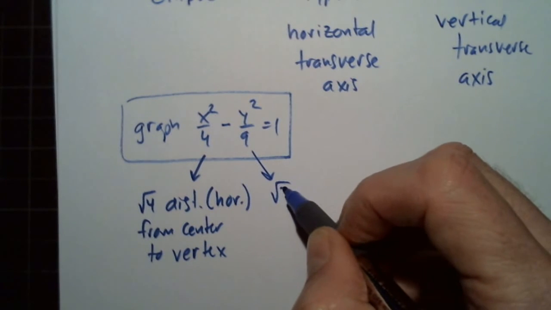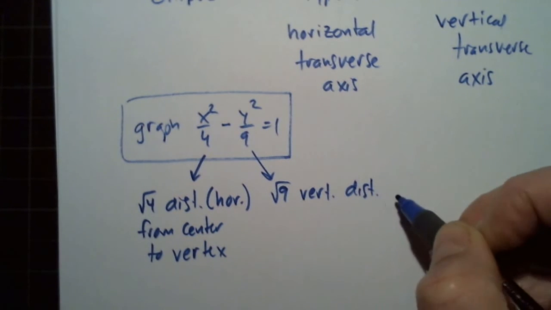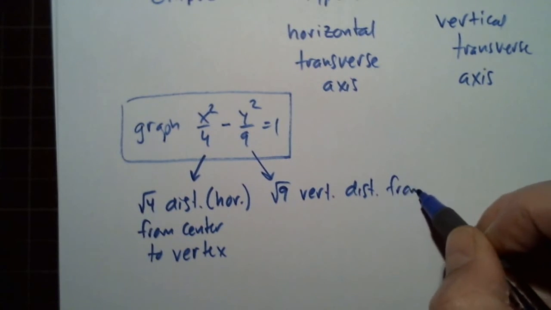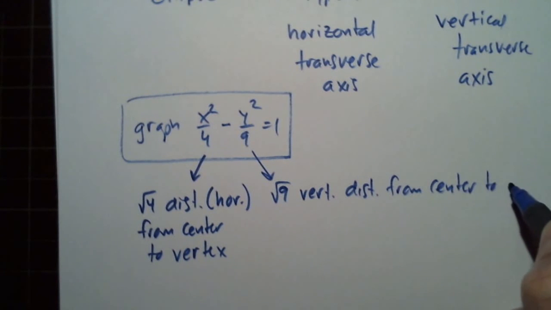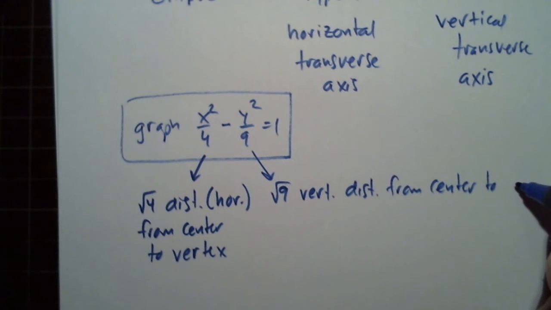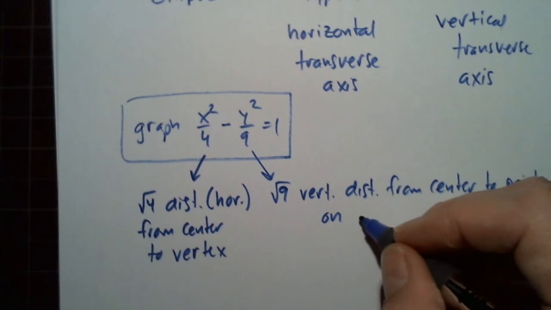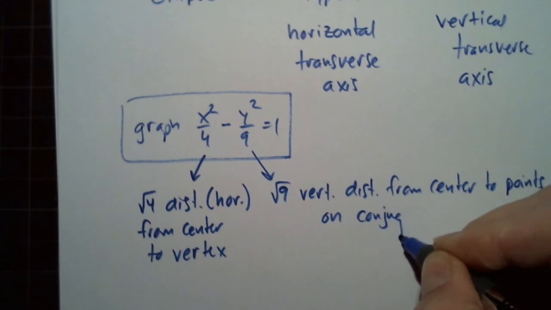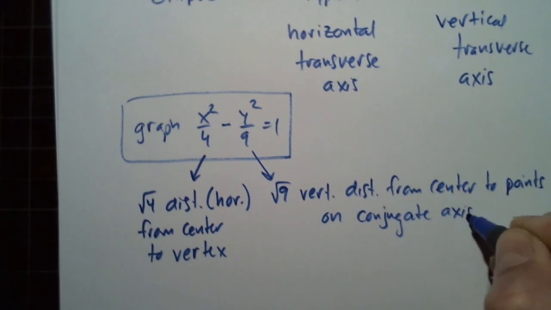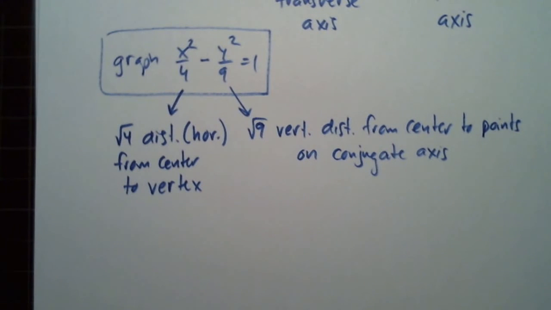And the 9, if we did square root of 9, that will be the vertical distance from center to the conjugate axis.